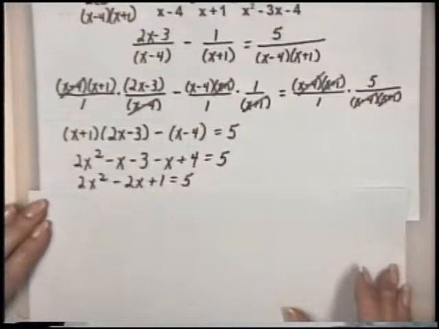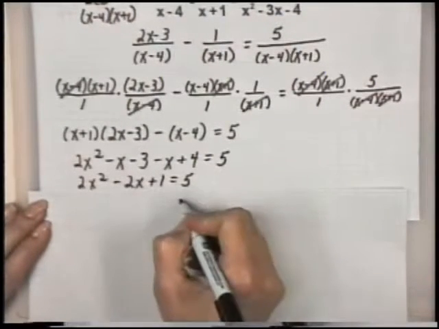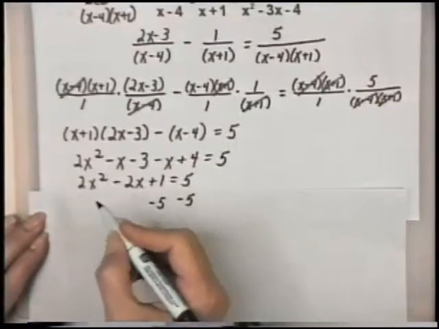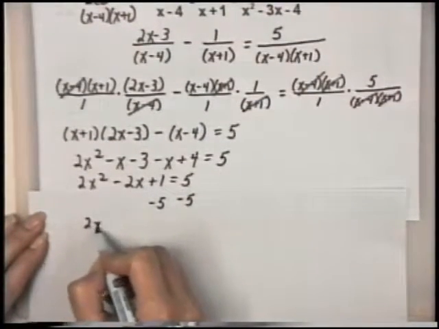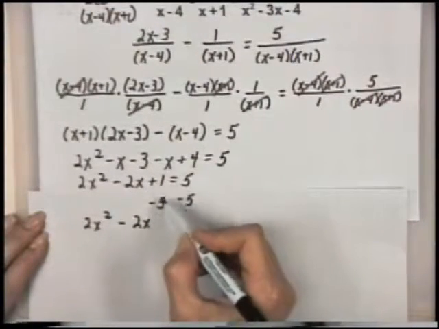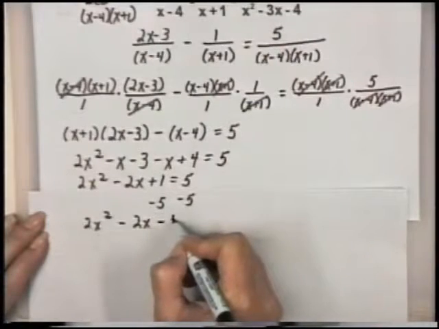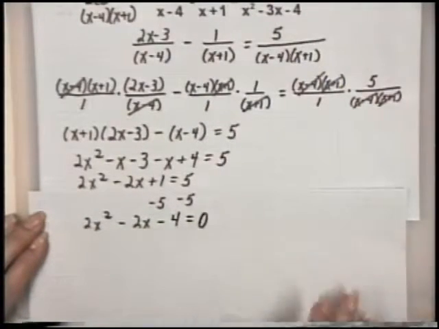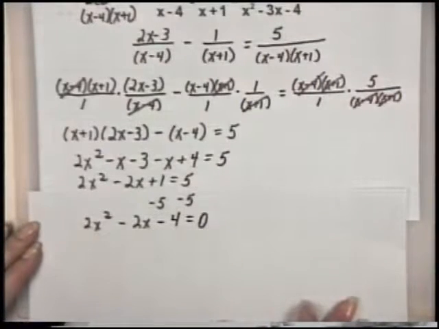So I know I want to move the 5. I will subtract 5 from both sides of the equation. I will have 2x squared minus x... 1 subtract 5 will give me minus 4 equals 5 subtract 5 will give me 0.